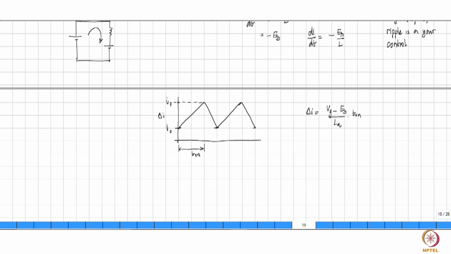This is delta I. It should also be equal to minus Eb by La into T off, magnitude of that, because during this time the slope is minus Eb by L, during this time the slope is Vg minus Eb by L.